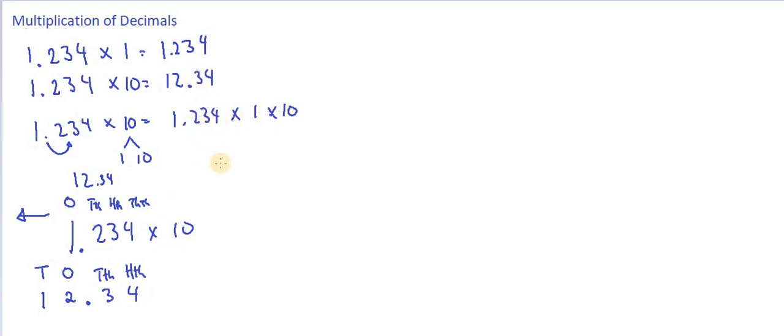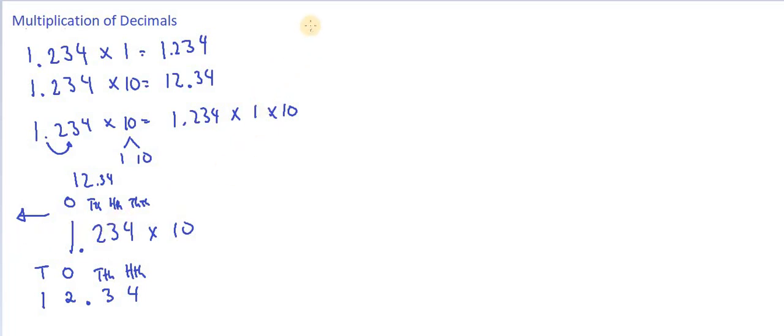So either you move the decimal dot or you move all of these digits, but they are in different directions. If you move the decimal dot, move to the right hand side, but if you move all of the digits, then you need to move all the digits to the left hand side.